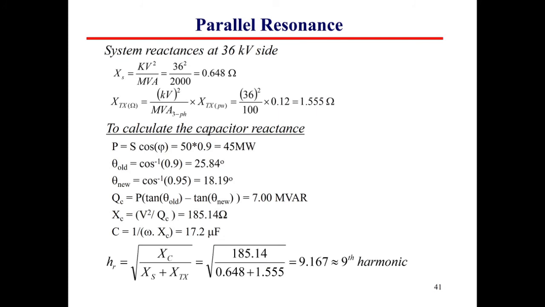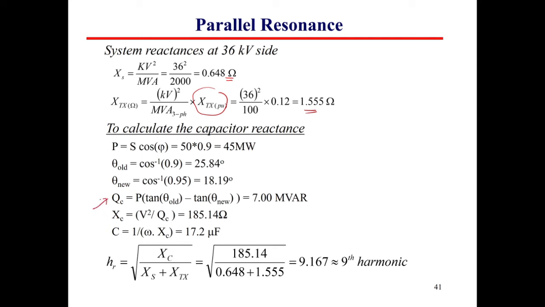This is the way to find XS, the short circuit or source impedance, from the short circuit level, and this is how to find the transformer reactance. Again, we know the per unit, we multiply it by the base, and that gives us the reactance of the transformer.